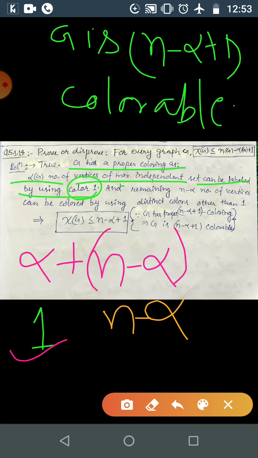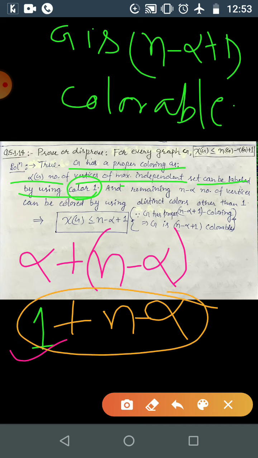If you color all the vertices distinctly, using n minus alpha colors, that is the second color for one of these, the third, the fourth, and so on up to n minus alpha colors, one color to one vertex, then the total number of colors you are using is n minus alpha plus 1, correct. So we have shown that G is n minus alpha plus 1 colorable.